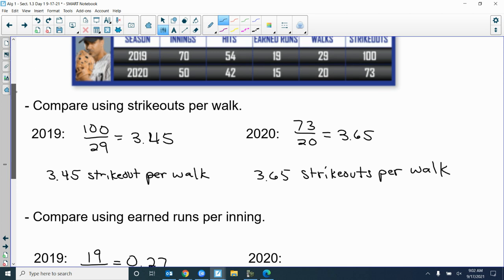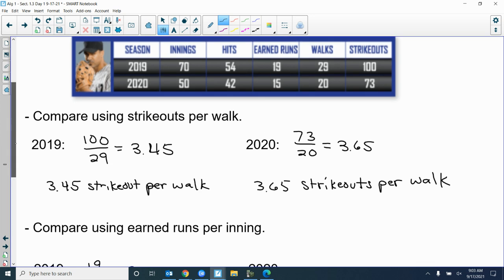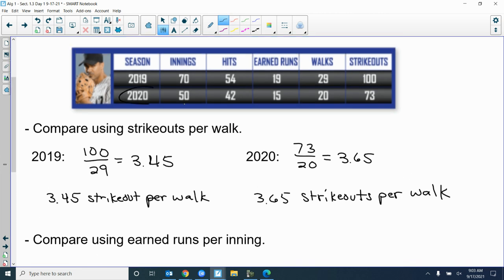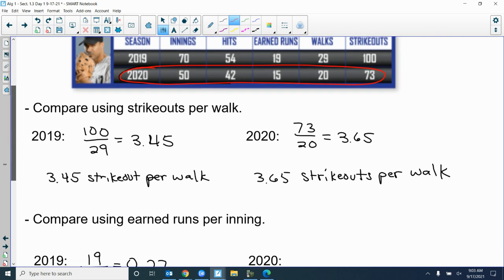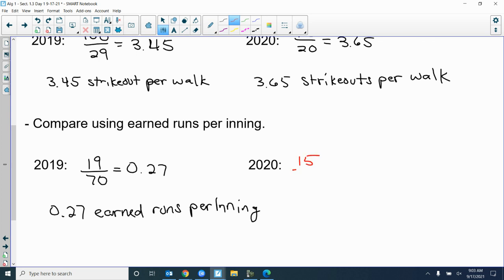We want earned runs. Oh, for 2020. Sorry. It's all right. I just want to make sure you know where to look. So we want earned runs, which is 15 out of how many innings for that year? 50. So you do 15 over 50. Maddie, did you divide those? Yes. What'd you get? 0.75. Oh, try that again.